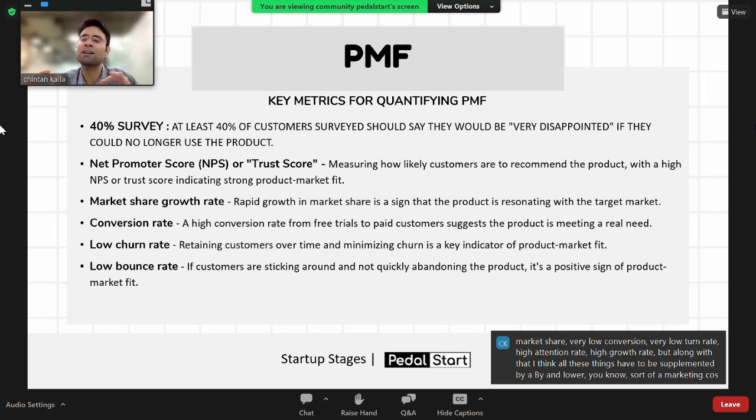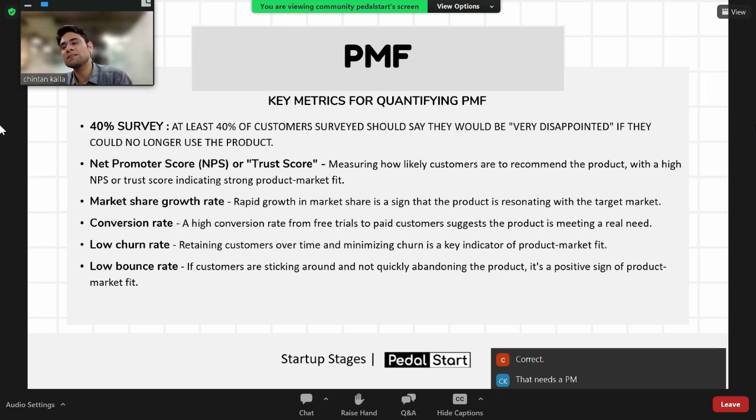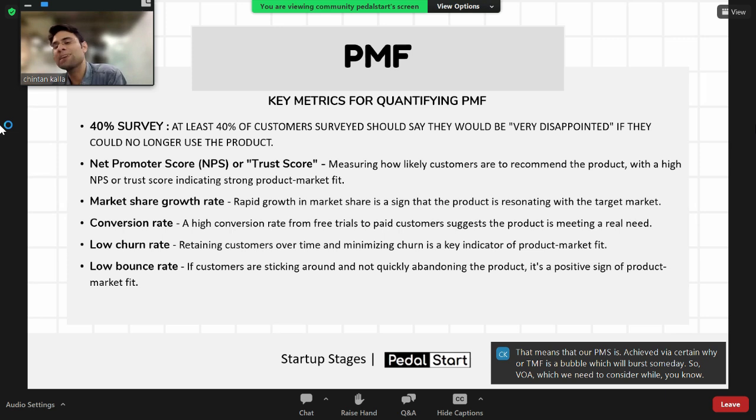When I say marketing or customer retention cost, because a lot of times our growth rates and customer retention rates are fueled by how much money we are spending to acquire and retain customers. If we are acquiring them at a very significant high cost, that means that our PMF is a bubble which will burst someday. That is a very big thing which we need to consider while making sure that we have achieved the right PMF.